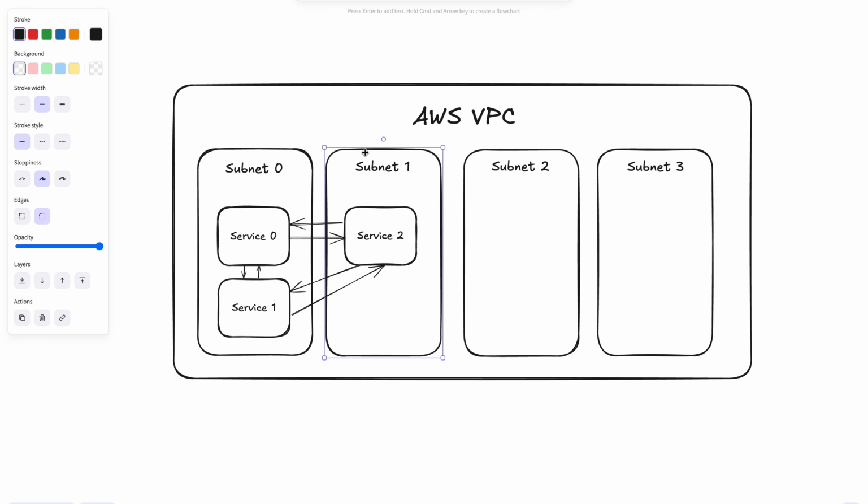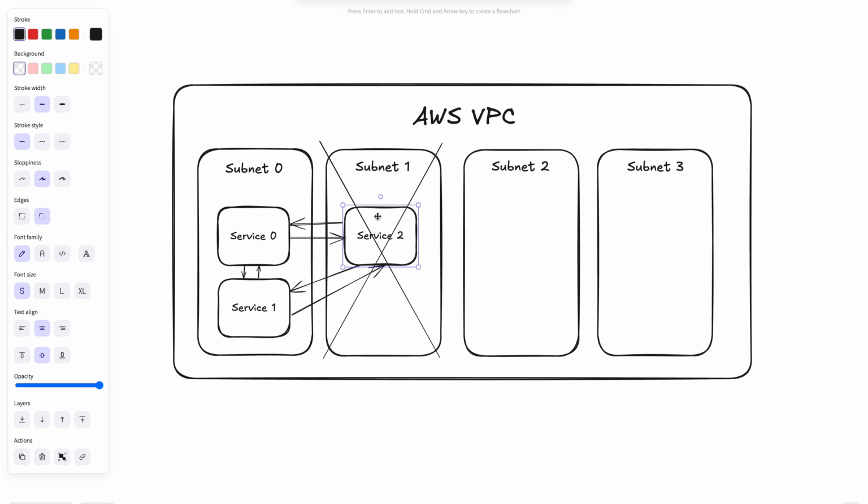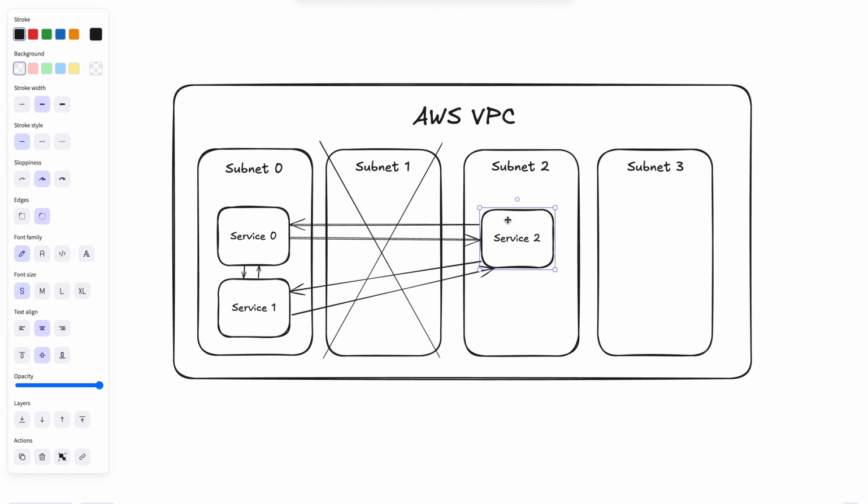So in our case, only one subnet goes down. So let's say subnet 1 is down because there is an issue in the AWS availability zone, so we can move our service to subnet 2 and it will continue functioning well. It could be done manually or automatically depending on your infrastructure setup. So that's the main motivation of why we have this subnet splitting.